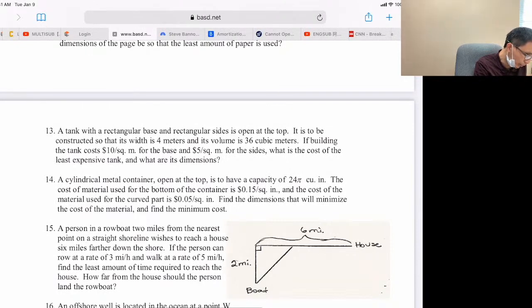Plug that into the original. Oh, I already just did it. Nice. Wait, let's see. You're supposed to continue. Yeah, it's 2.45 by 7.